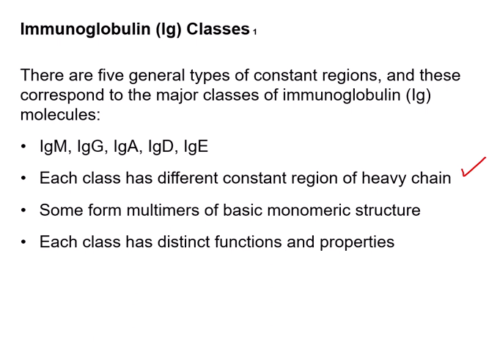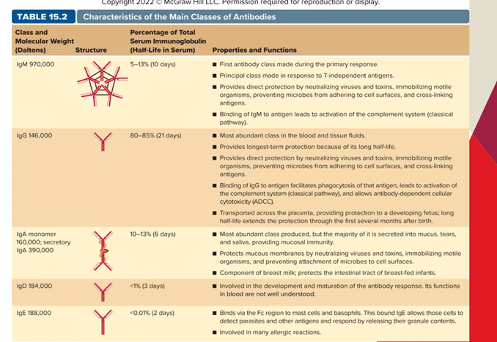And the characteristics of these antibodies, without really going into too much detail: the first antibodies that are produced are IgMs, and after that others are produced. IgGs are the most abundant antibodies that are produced, and they are the most abundant ones found in blood and tissue fluids, and then there are other forms too.